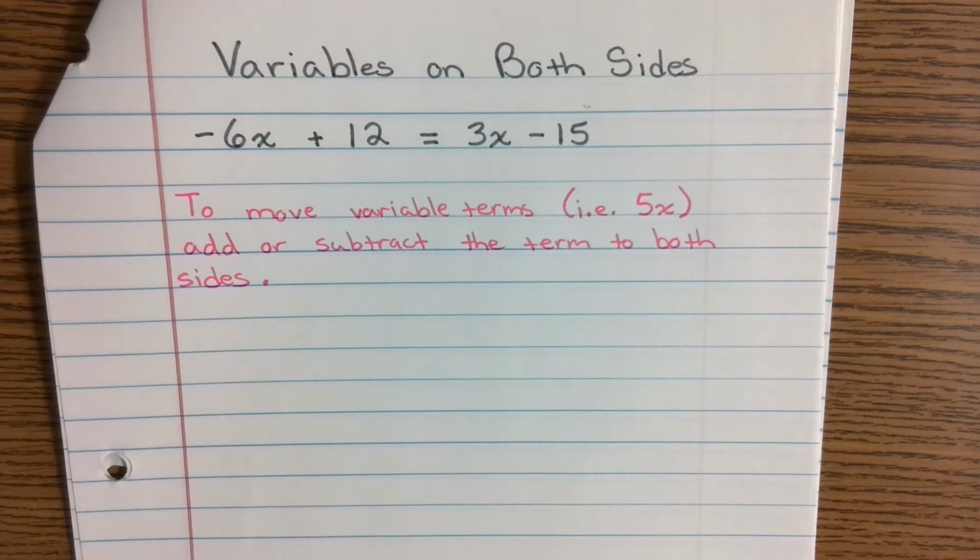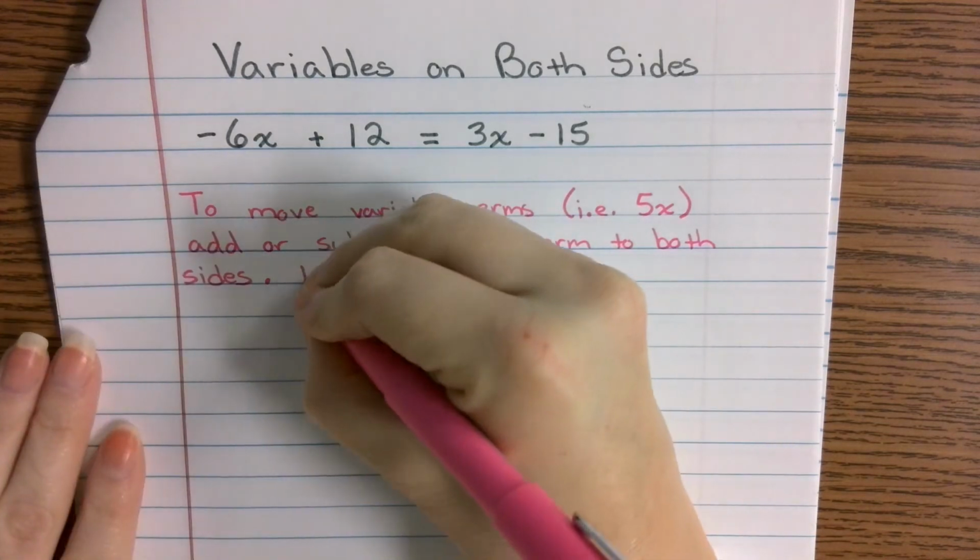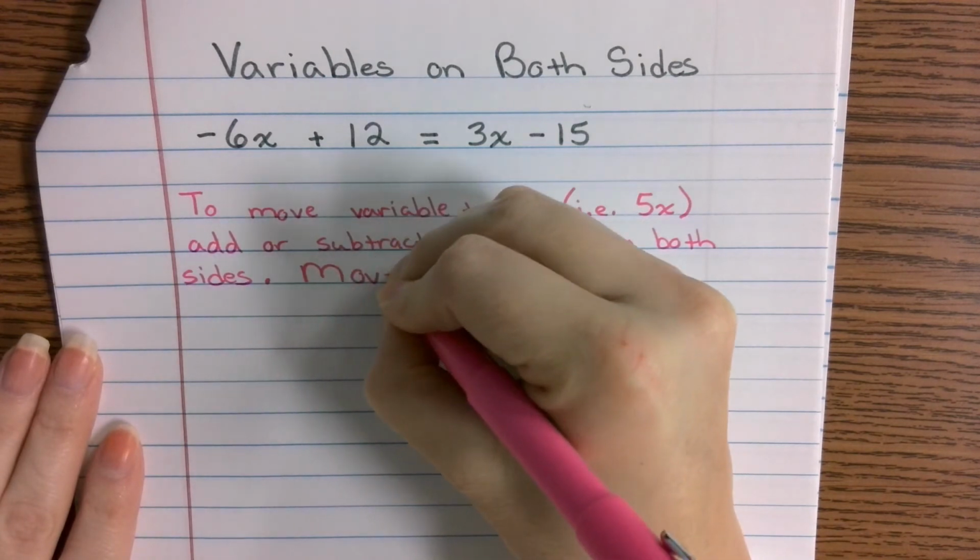My suggestion to you guys, because it's a newer concept, and you guys aren't always so great with negatives, I always suggest that you guys move the smallest of the variable terms. By moving the smallest of the variable terms, it lessens the chance that you have to deal with a negative when it comes to a coefficient. Okay, so I'm going to put that down as a suggestion.